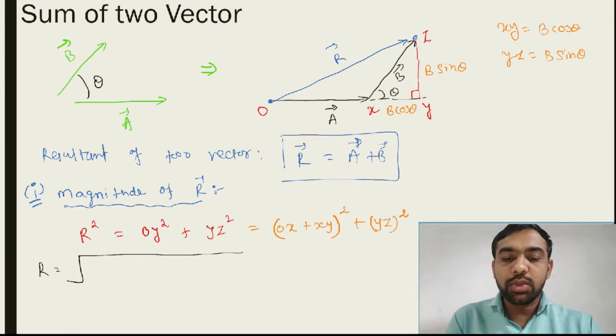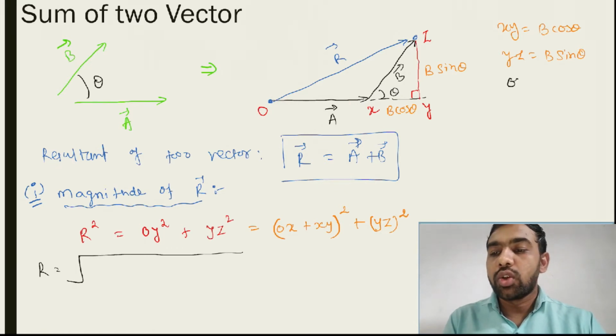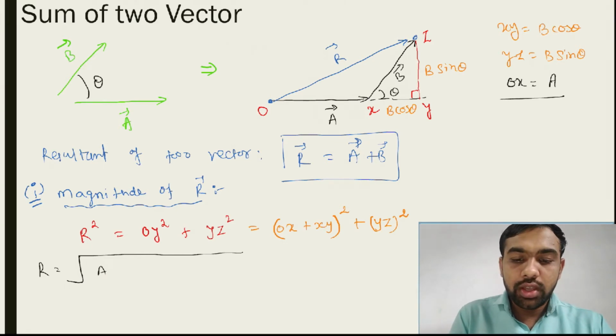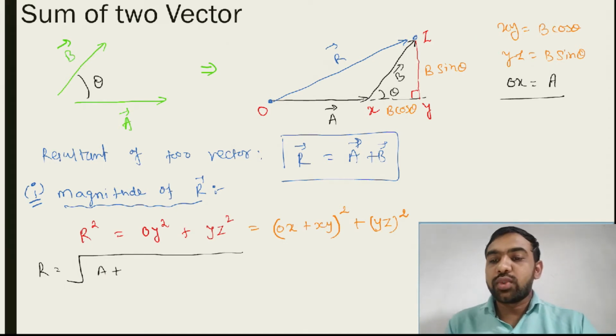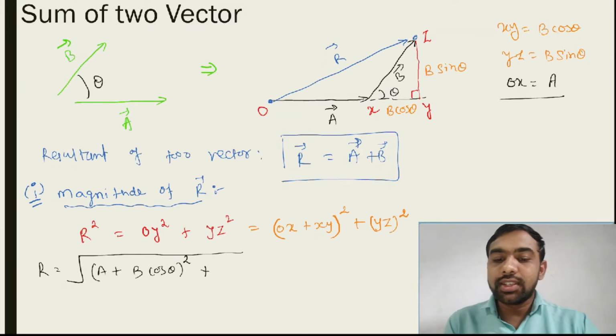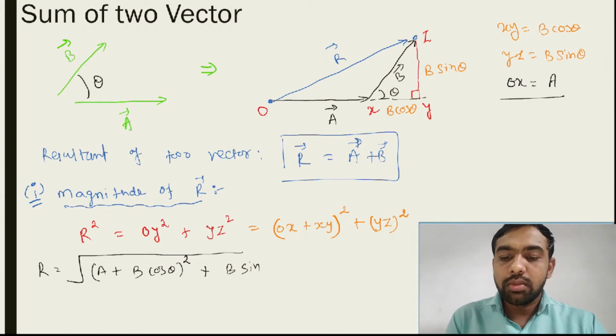What is OX? OX is equal to A in magnitude. So A plus XY, and XY is B cos theta, squared, plus YZ, which is B sin theta, squared.